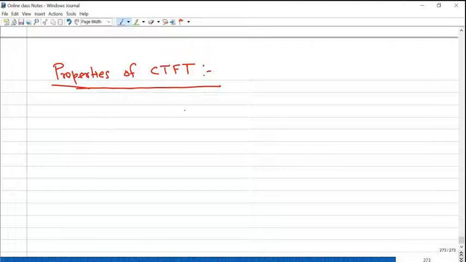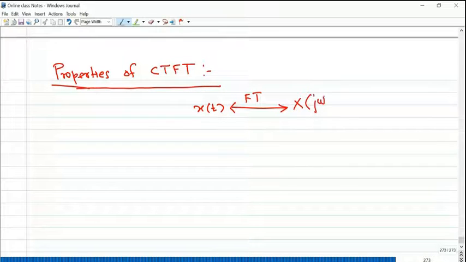First property. Before that, write down the formula. x of t is the representation of a continuous time signal. If we find the Fourier transform of the signal, we will get X of j omega. If y of t, Fourier transform is Y of j omega, and so on. Please remember this.